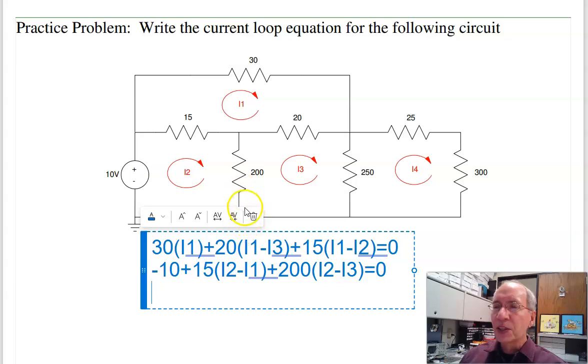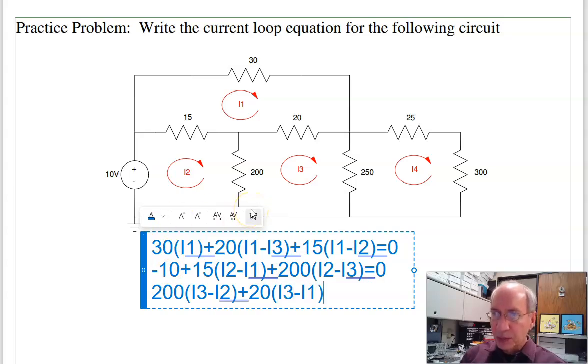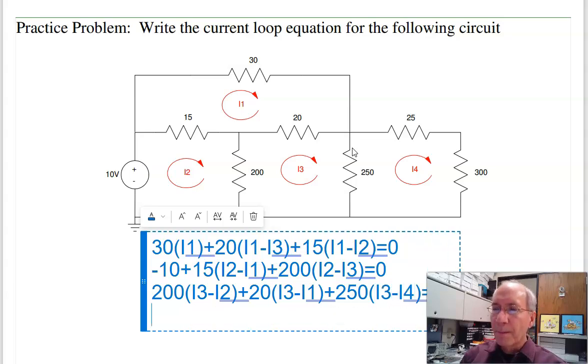Next equation, let's start here in the lower left corner. 200 times the current going up, this I3 minus I2, plus 20 times the current going right, I3 minus I1, plus 250 times the current going down, I3 minus I4 equals 0.